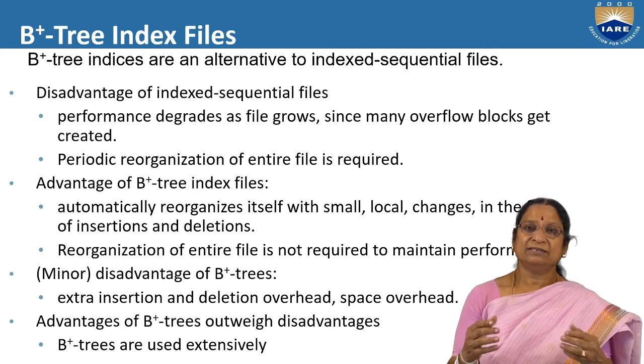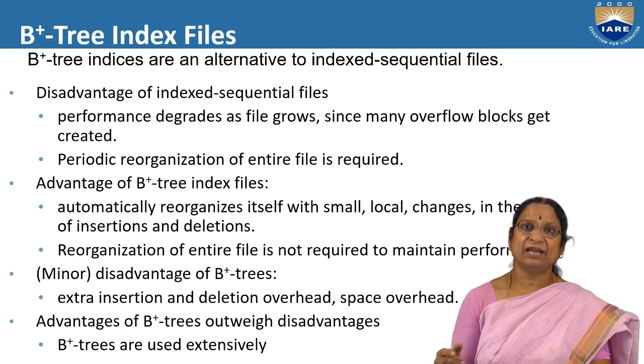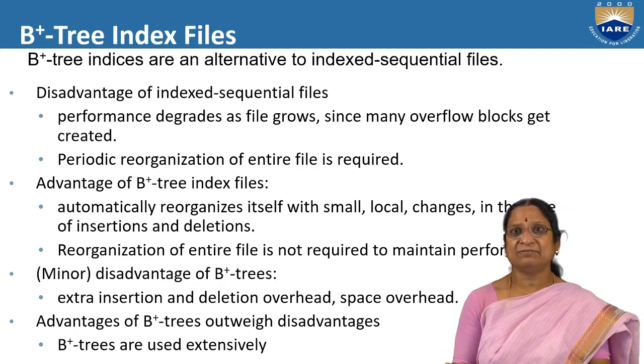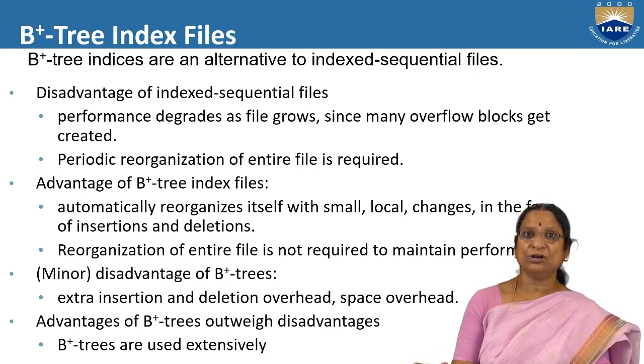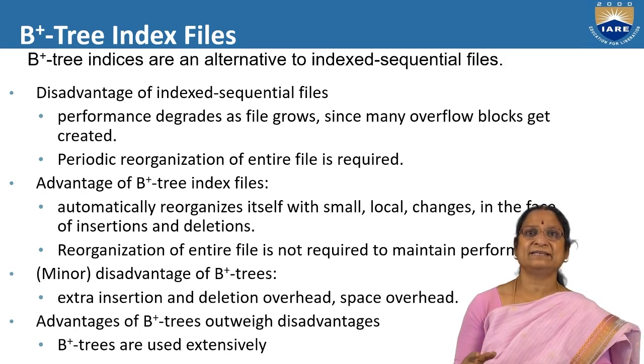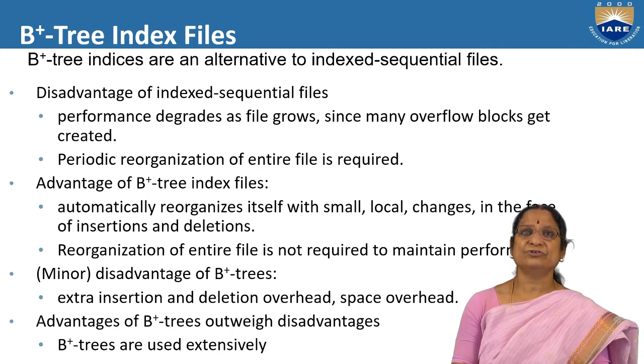So if, on the same search keys, the growing and shrinking of our database is very frequent and in high volumes, then periodic reorganization of the entire file is needed. That means we have to reorganize our indexing process every time, so that is also an expensive process.